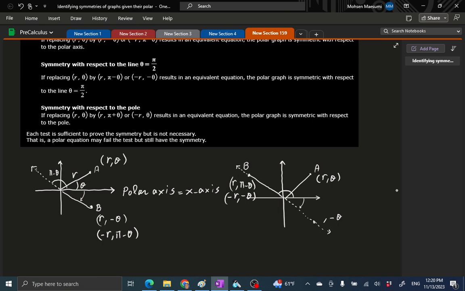So if I have an equation with r and theta in it, if I take theta and replace it by pi minus theta, and I get the same equation that I had already, I say, well, I'm already done. It is symmetric with respect to y-axis. Or if I change theta to minus theta as well as r to minus r, and the equation doesn't change, then I say I have an equation whose graph is symmetric with respect to the y-axis, with respect to theta equal to pi over 2.